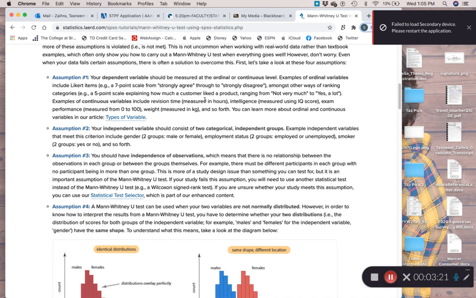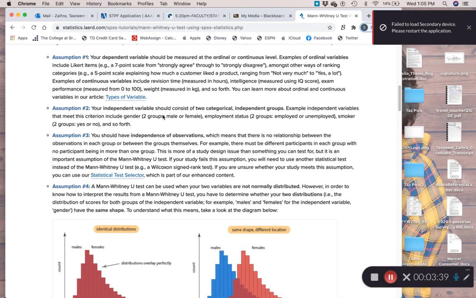Examples of continuous variables, we all are familiar with them, include revision time measured in hours, intelligence measured using IQ score, exam performance measured using a score from 0 to 100, weights of individuals, and so on and so forth.